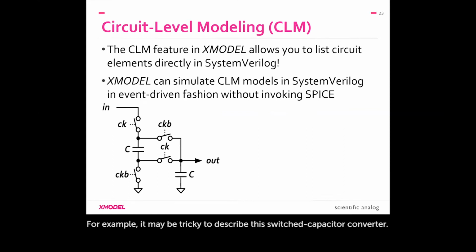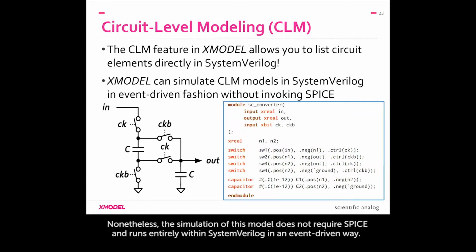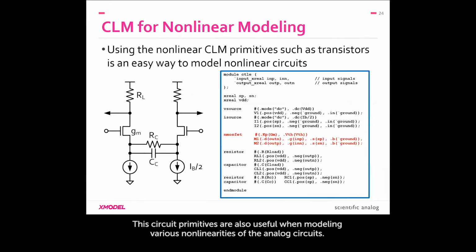For example, it may be tricky to describe this switched capacitor converter. In XModel, you can just describe this circuit as a set of 4 switches and 2 capacitors using the circuit primitives. Nonetheless, the simulation of this model does not require SPICE and runs entirely within SystemVerilog in an event-driven way.